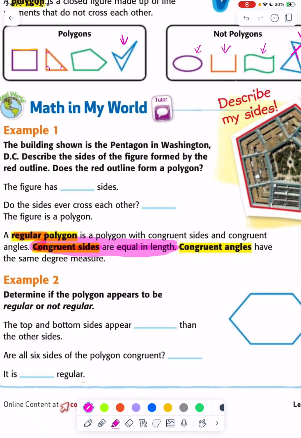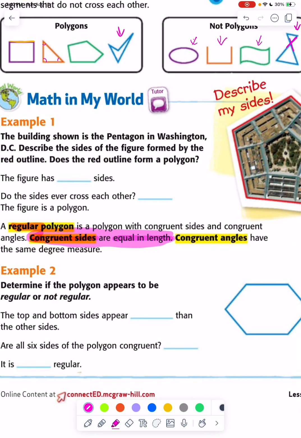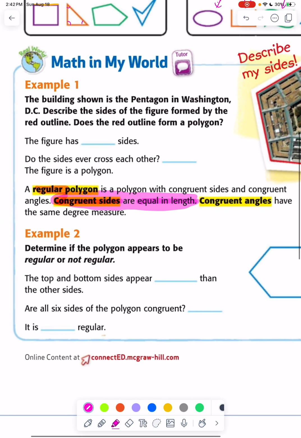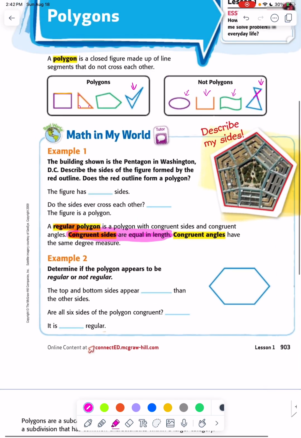All right? For instance, a square has all the same length of sides and same angles, so it would be a regular polygon. We'll explore that more on the next page, but for now, let's look at just one polygon, this one right here, and determine whether it's regular or not regular.